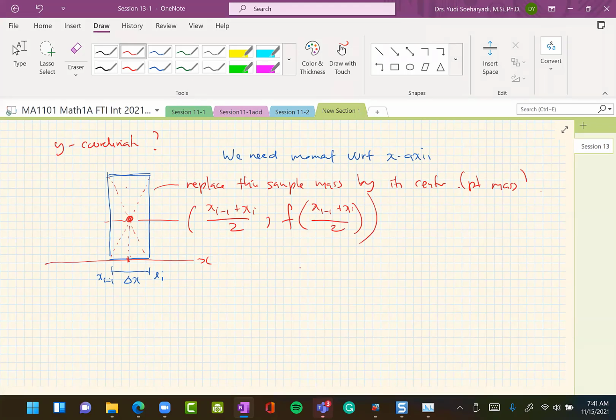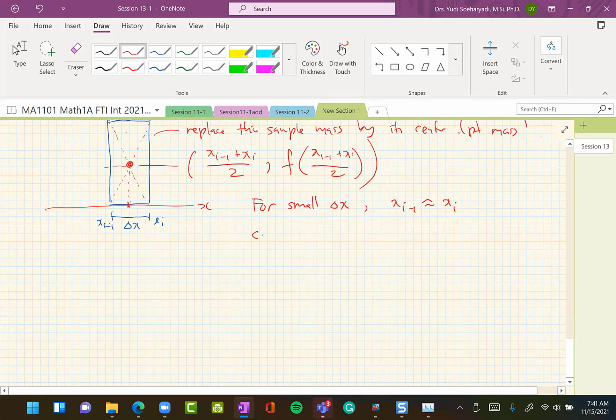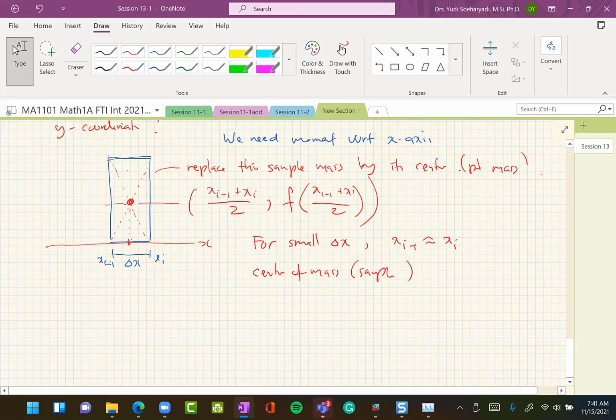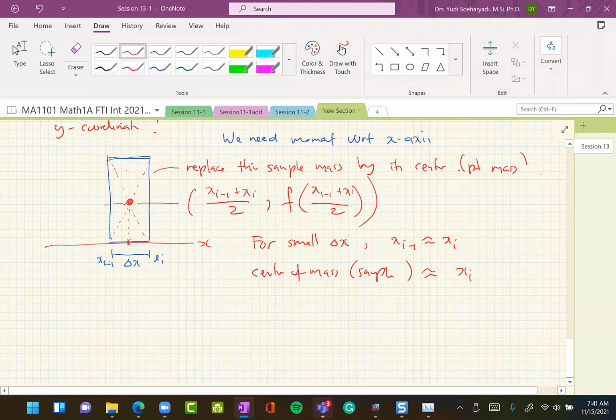But for small delta x, we see that x_{i-1} is almost the same as x_i, right? So the center of mass is above the sample, at half the height.